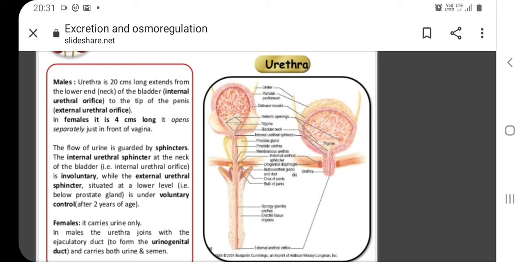In female, the urethra is 4 centimeters long. It opens separately just in front of the vagina. The flow of urine is guarded by sphincter.